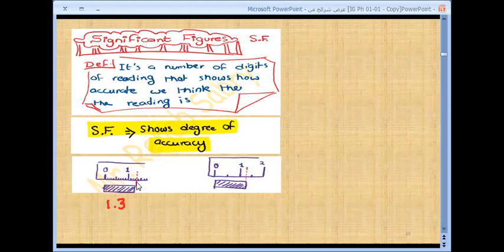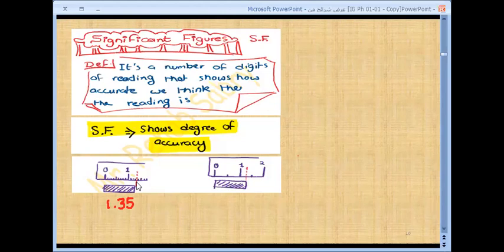Excellent answer Ahmed Usama, Mustafa Muhammad, Omar, Hamza. I'll say it's 1.35. So what is the first estimated number here? Is it 1 or 3 or 5?